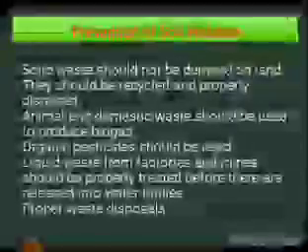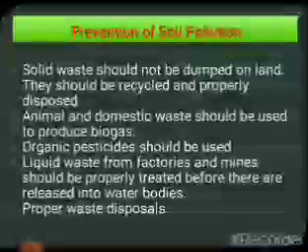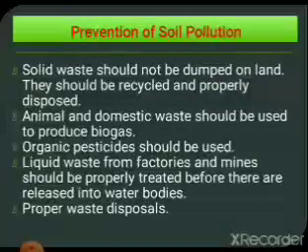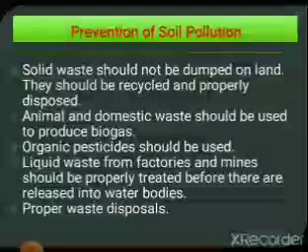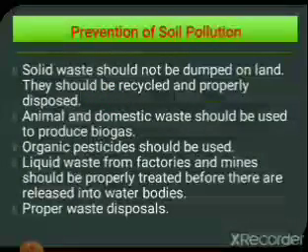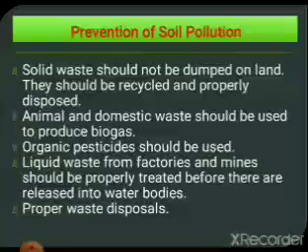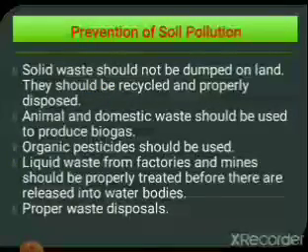Some of the preventions of soil erosion are: solid waste should not be dumped on land. It should be recycled and properly disposed. As you might have observed in railway stations and all, there are different dustbins. Some are meant for organic and some are meant for inorganic.